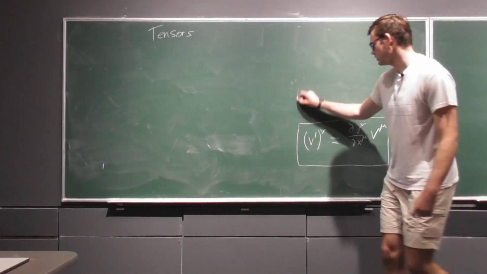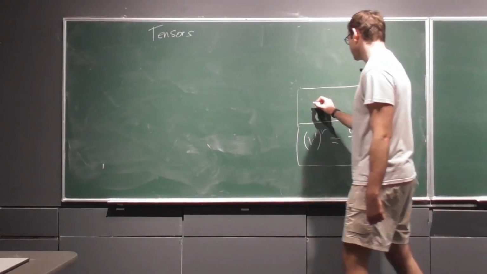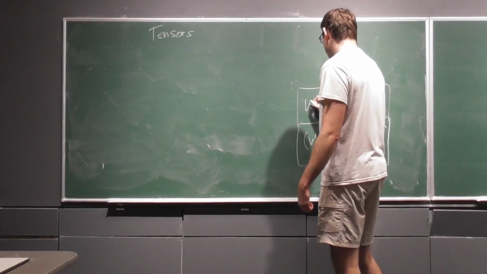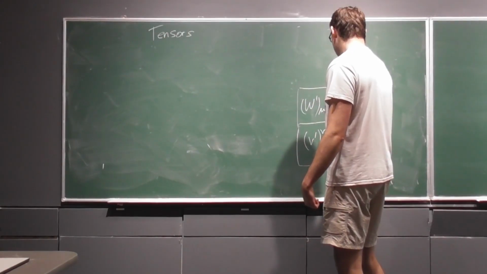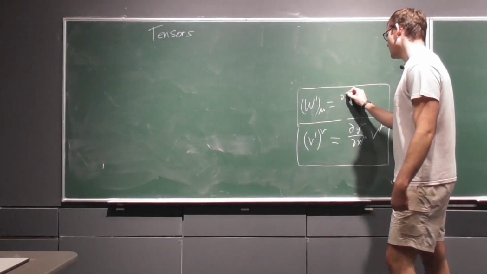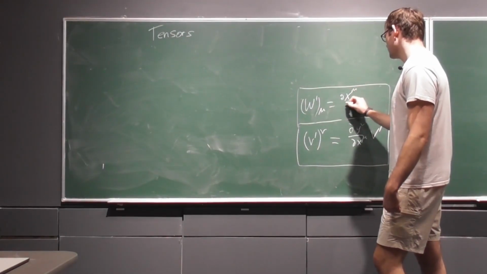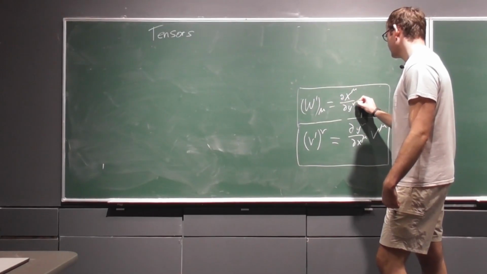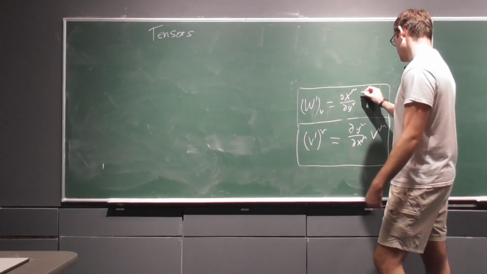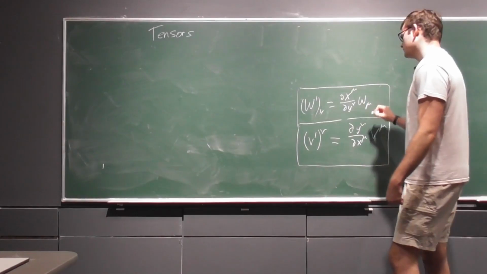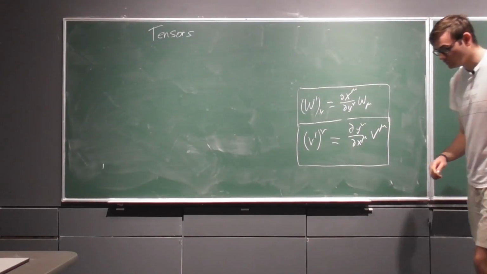And you may recall the objects with lower indices transform the opposite way, with the x on the top and the y on the bottom. I'm going to make that new, and then this will be new.